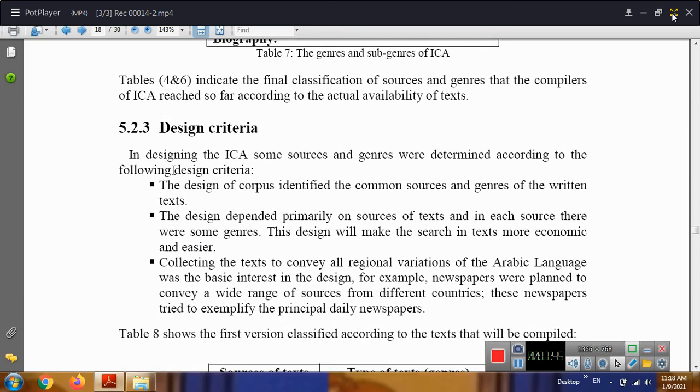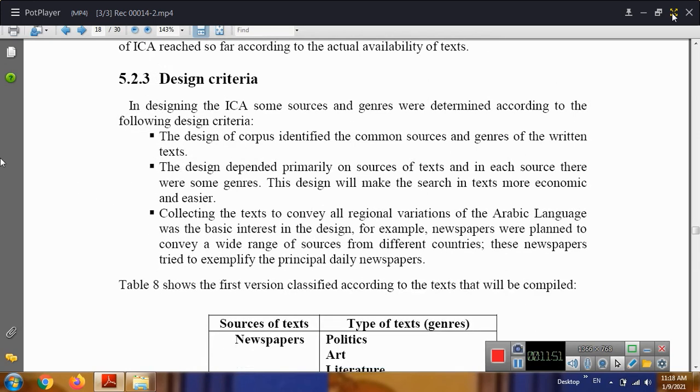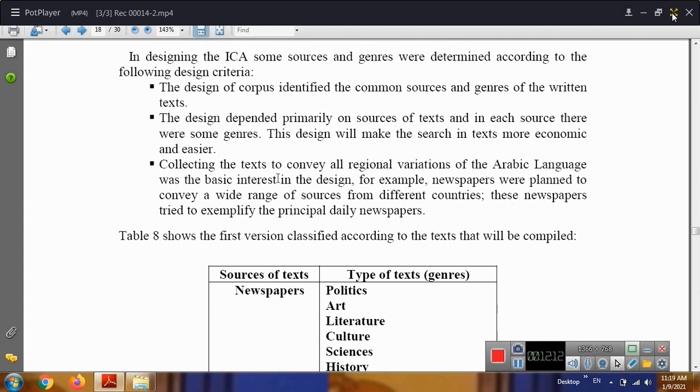Design criteria. In designing the ICA, some sources and genres were determined according to the following design criteria. The design of the corpus identified the common sources and genres of the written text. The design depended primarily on sources of text, and in each source there were some genres. This design will make the search in text more economic and easier.